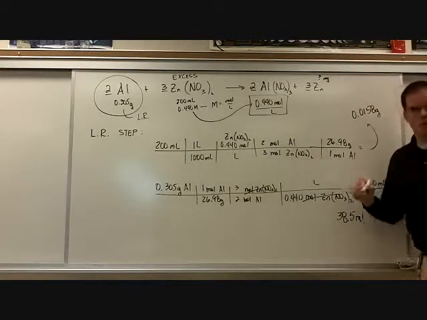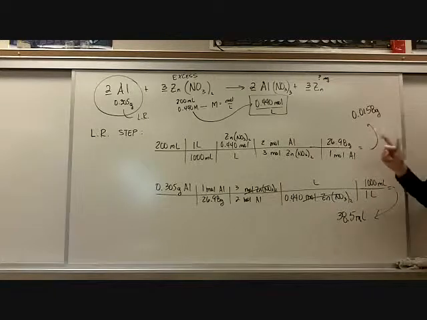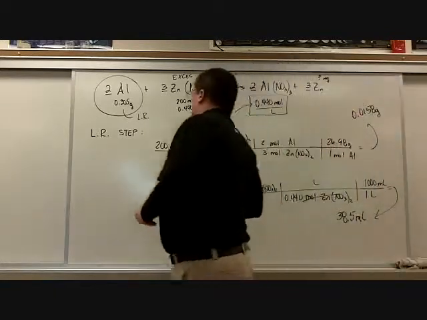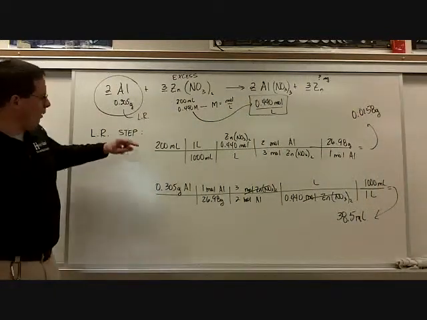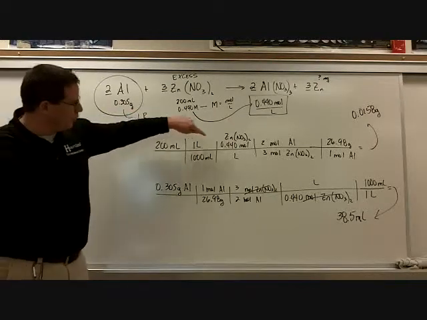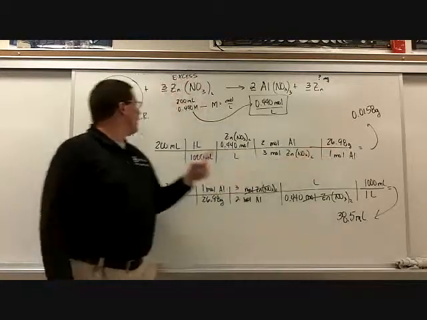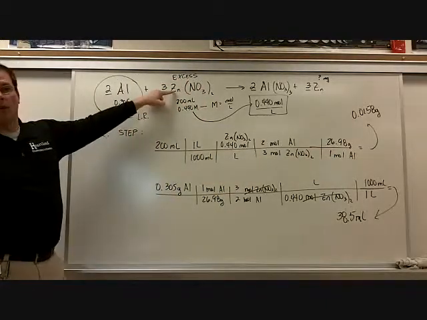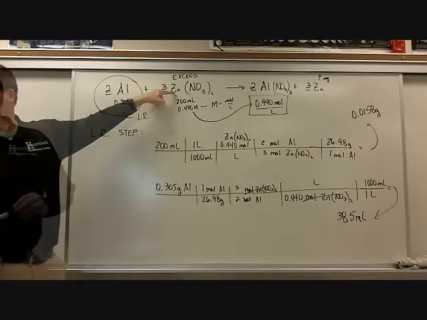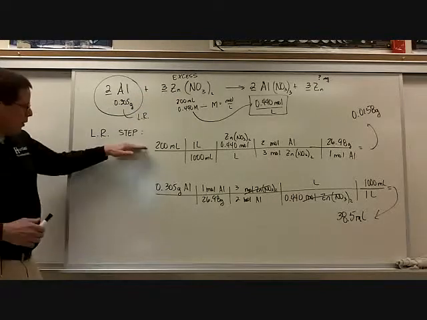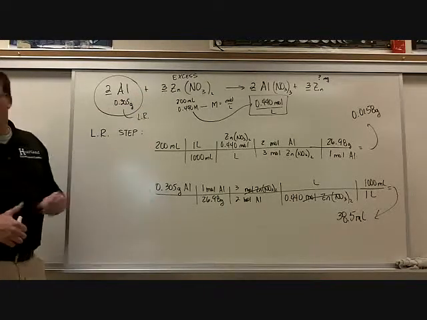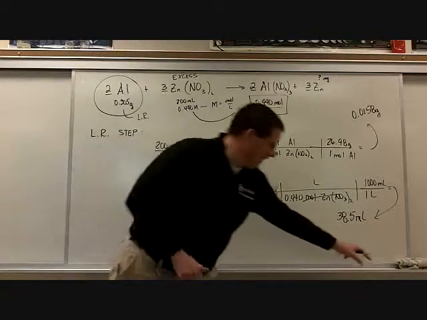So this was our actual value. So this is how it would read. If I wanted to use all 200 milliliters of my 0.44, I would only need at least this. I have much more. Then that would be the limiting reactant. Gotcha. Okay, not done yet. I'm just showing you the options for your limiting reactant step.